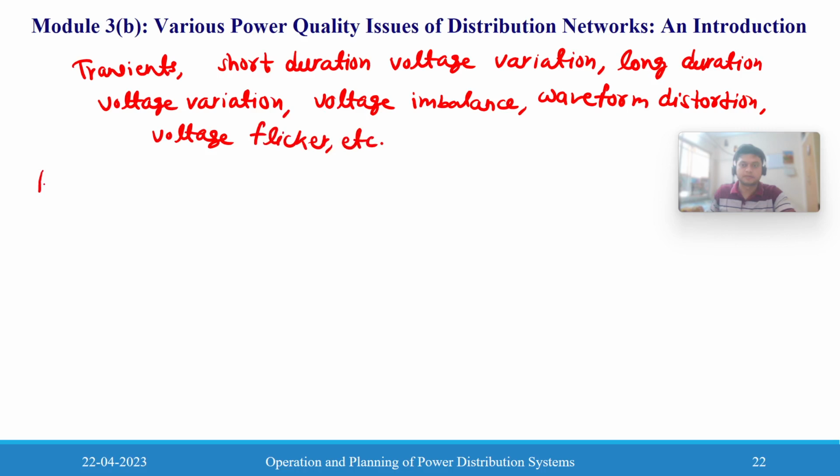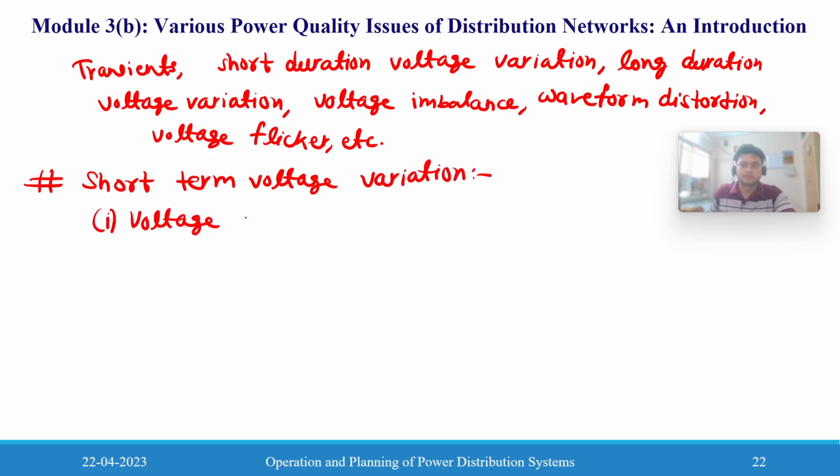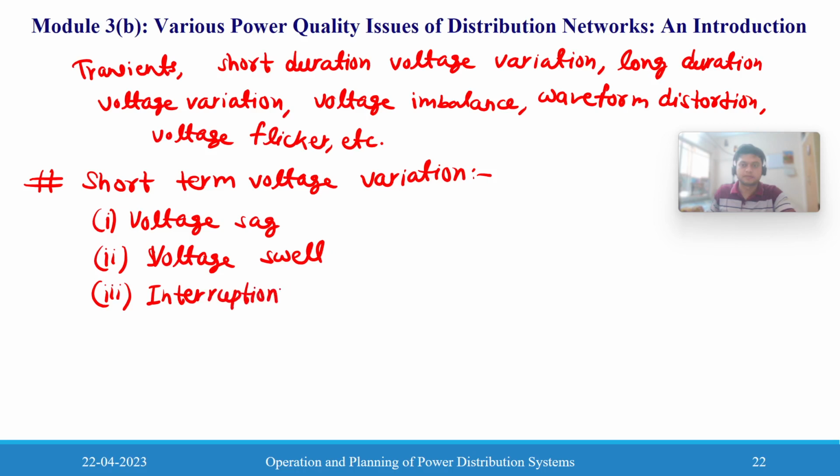If we see short-term voltage variation, then it is mainly classified as voltage sag, voltage swell or interruption. It exists for a few cycles to 1 minute, so its time duration is less.